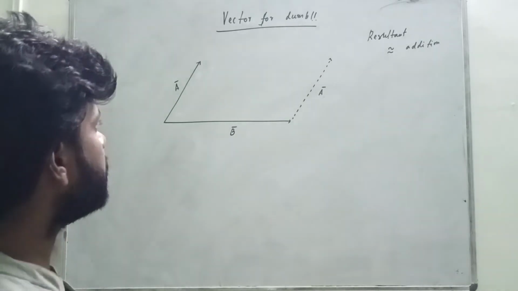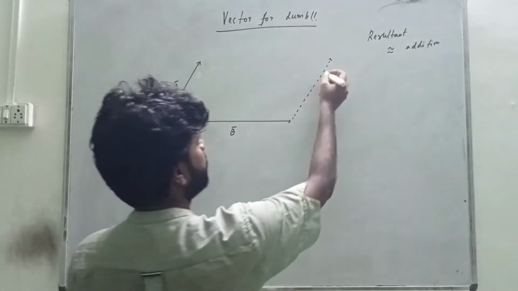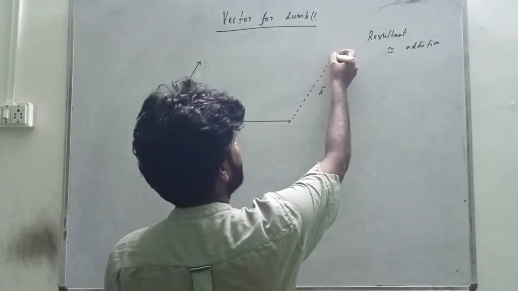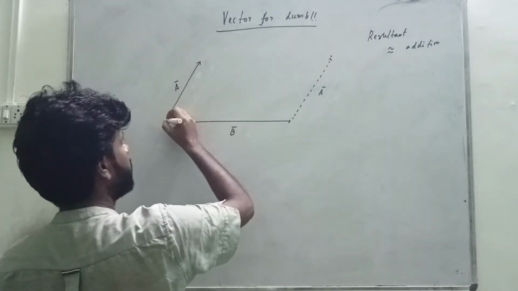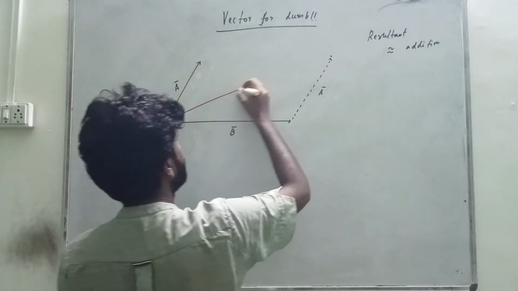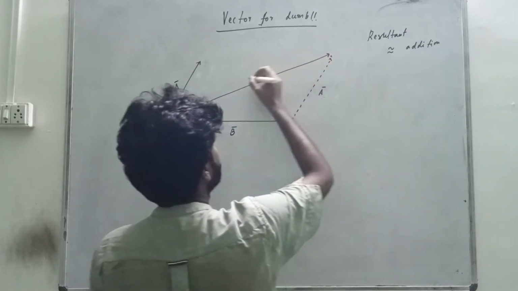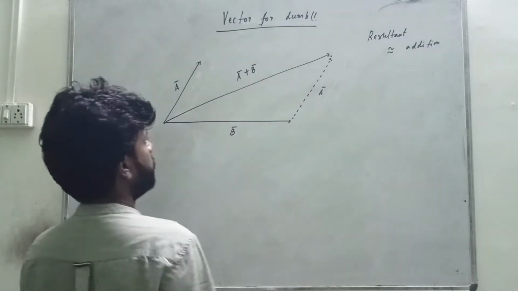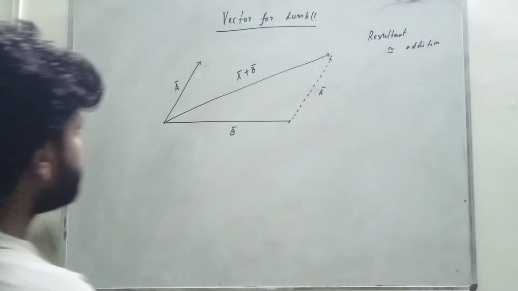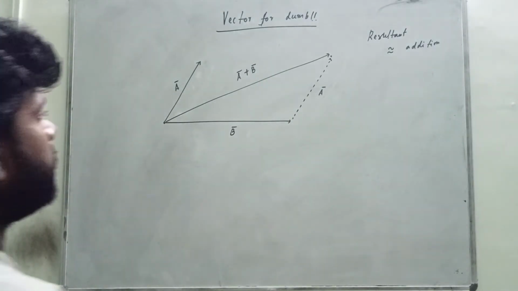And what will be a plus b? Just place a dot here at the initial dot, and connect these two dots. It is actually our a plus b.